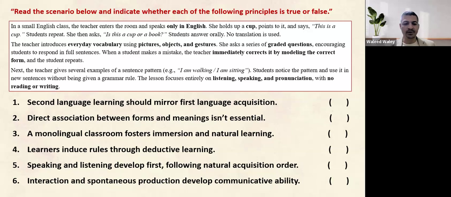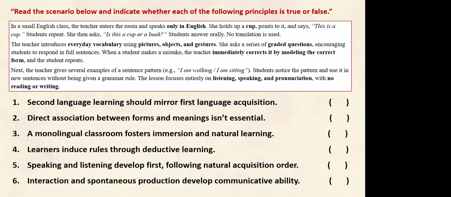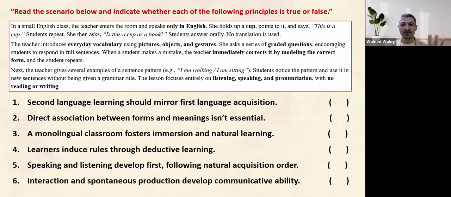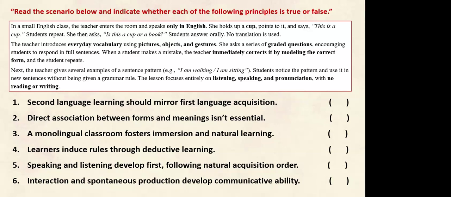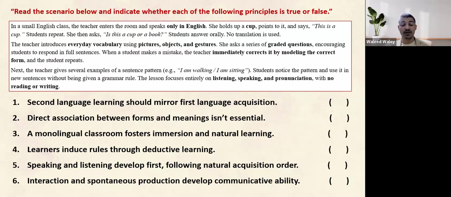And number four, learners induce rules through deductive learning. False. What is the opposite of deductive? Inductive. What does inductive mean? If you're a teacher and you're going to teach your students a grammatical rule the inductive way, what are you going to do?